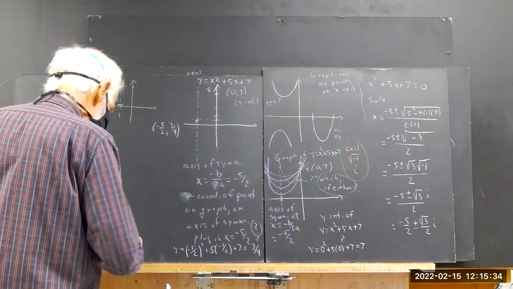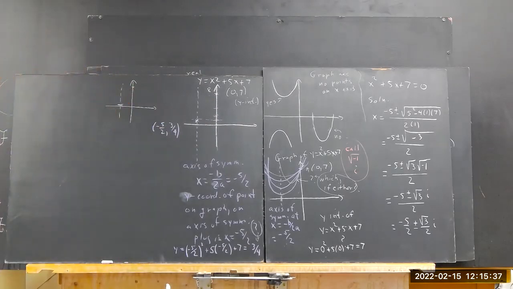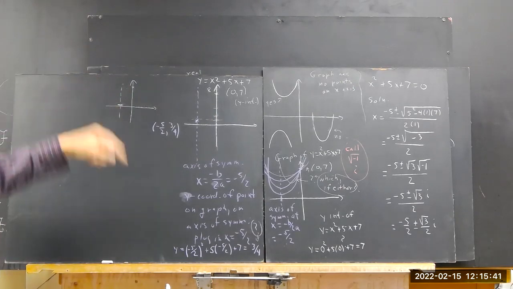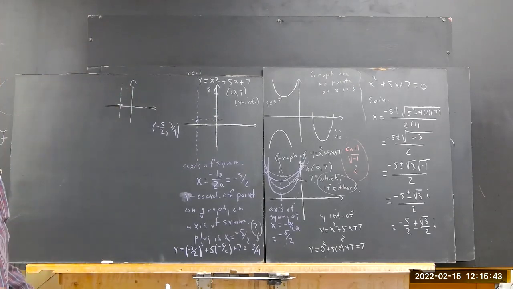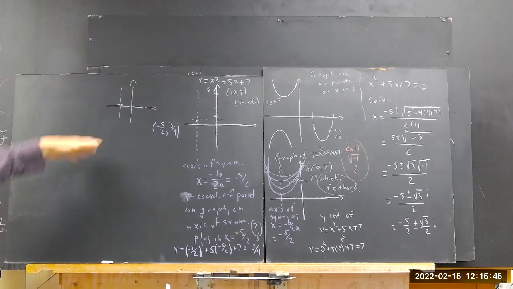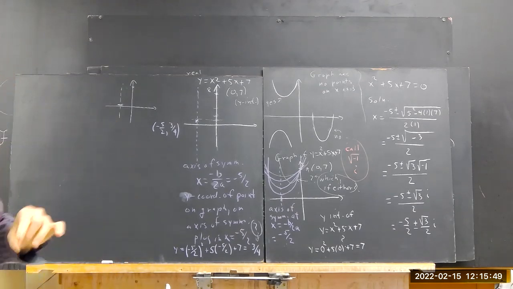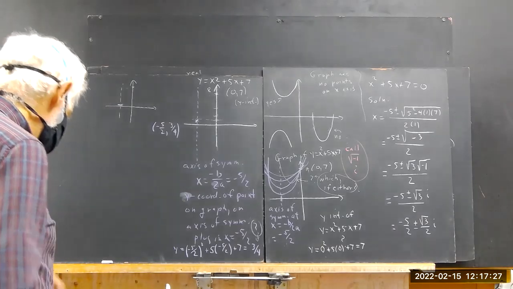Just sketch me a parabola through this point and this point, where this point is the vertex, the extreme point, the low point, or if the parabola was upside down, which it isn't, it would be the high point of your parabola. And that's very important for applications and other things.